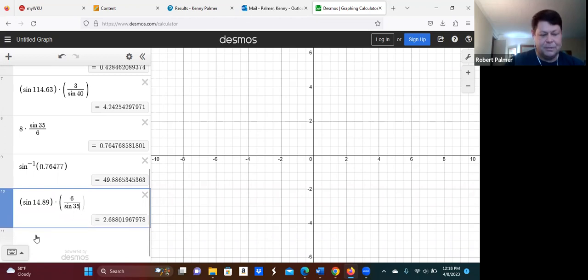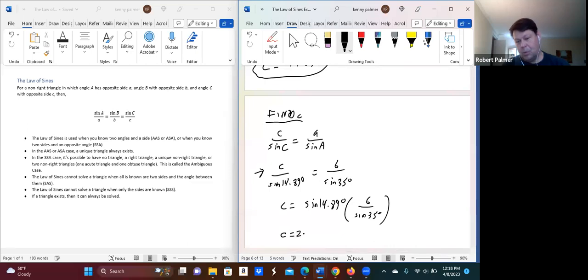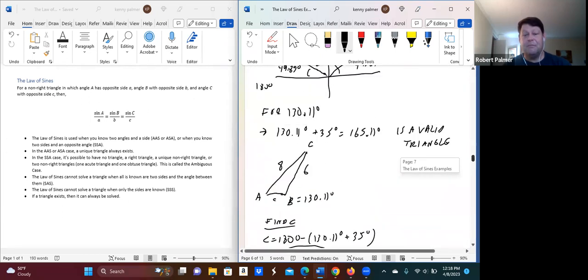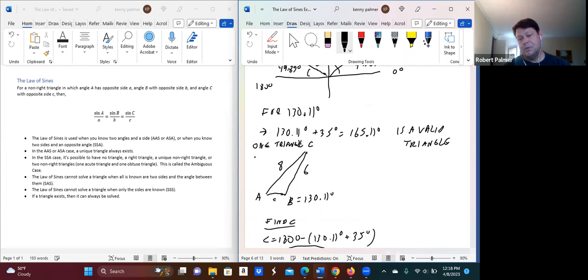So in that case, we get for C, for this triangle, one version, to 2 places again, about 2.69. Okay, so now we found the values we needed for this triangle. Squeeze this in for one triangle.